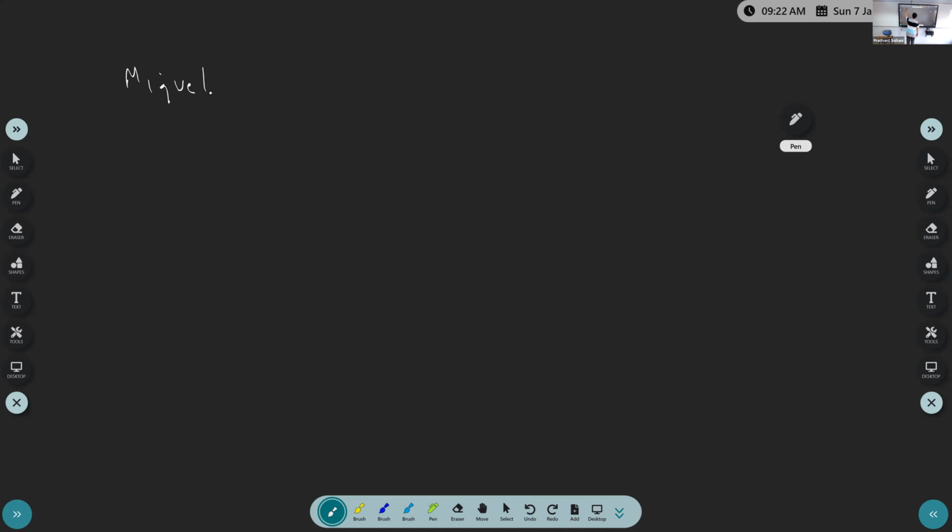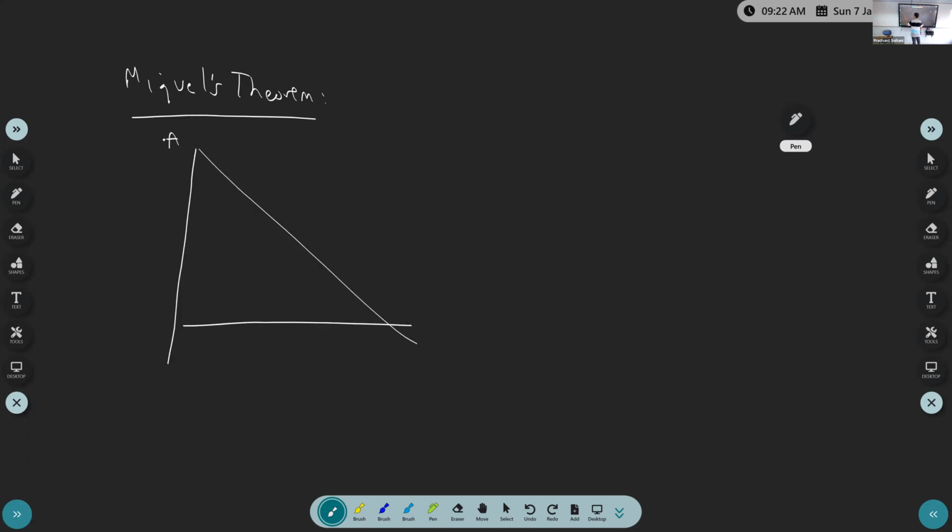So Miquel's theorem, what it originally says is that if you have any triangle, and if you take any points on the sides of the triangle, let D, E, F be any points.